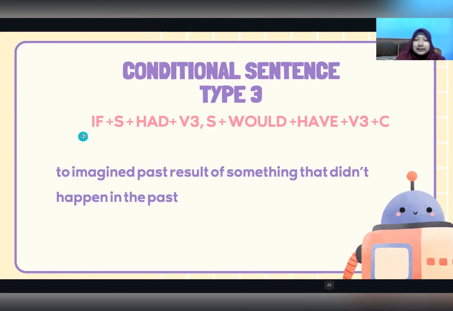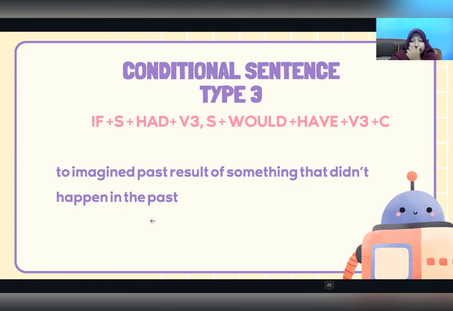This is the if clause. The main clause is subject plus would plus have plus verb 3 plus complement. The function of conditional type 3 is to imagine the past result of something that did not happen in the past.